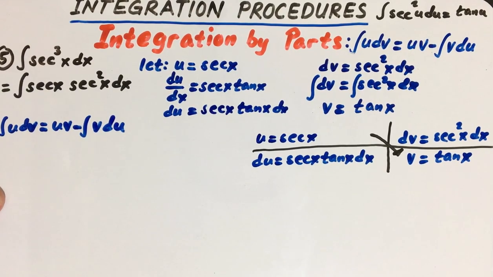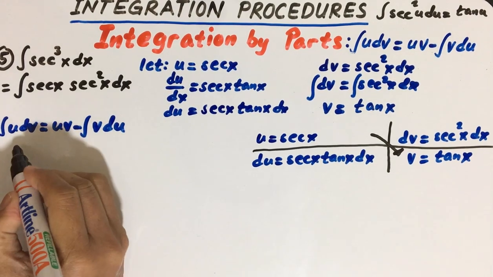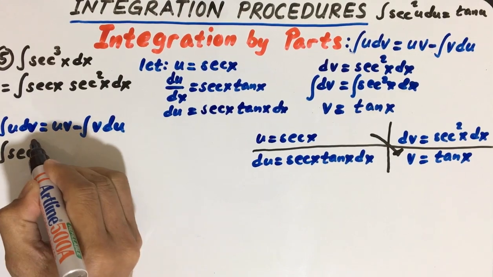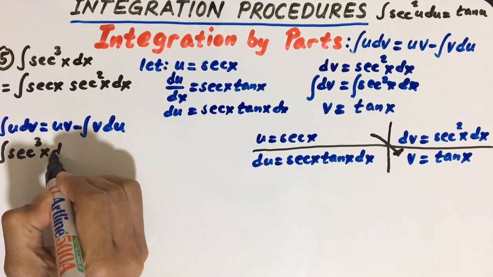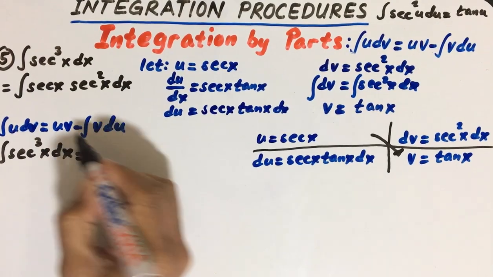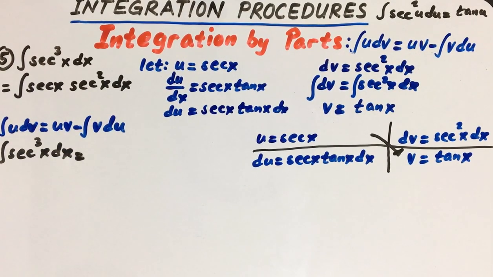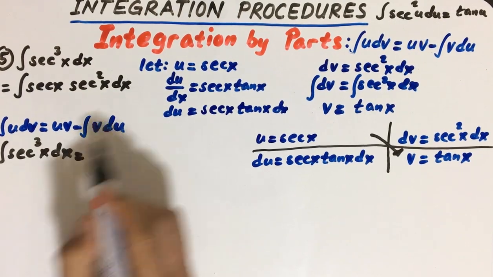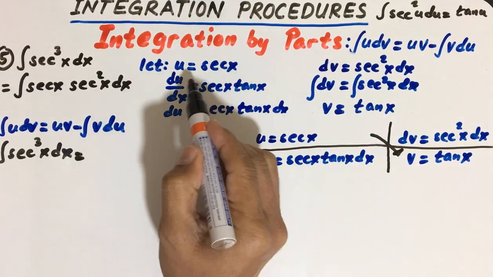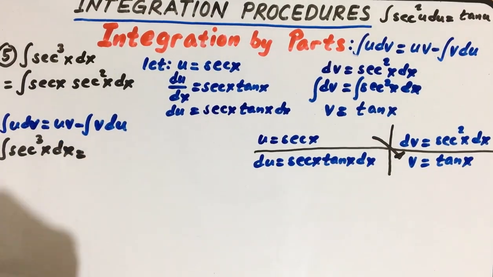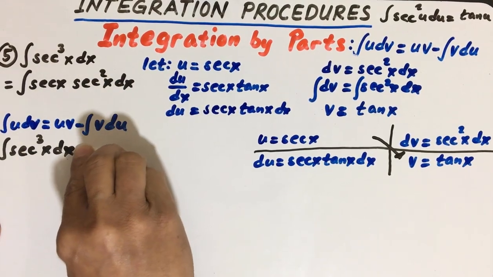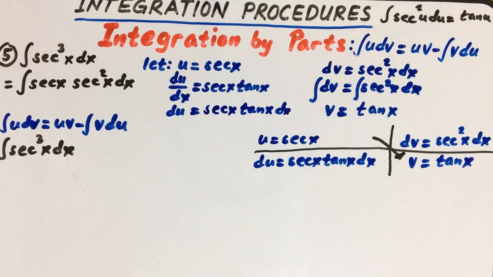Then rewriting our given: the integral of secant cube x dx, which is equal to, we break this into two parts. Just to find our u and dv, but you don't have to rewrite that. We just go directly with this form.